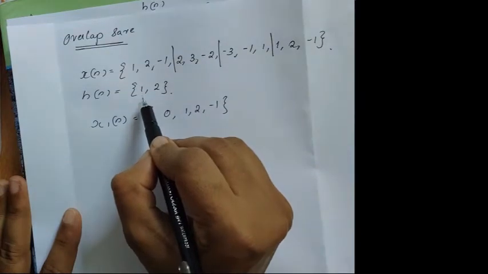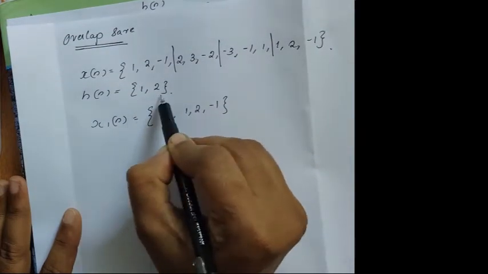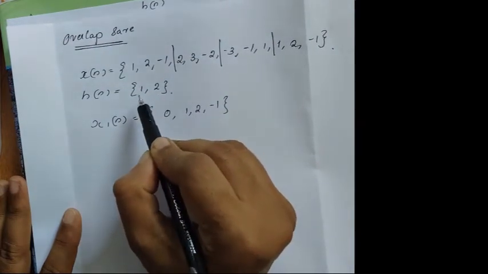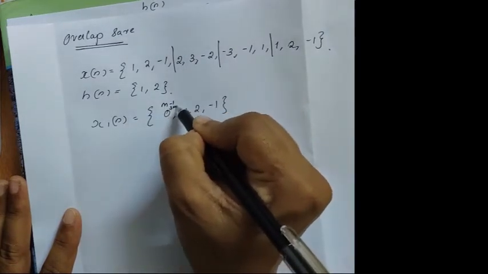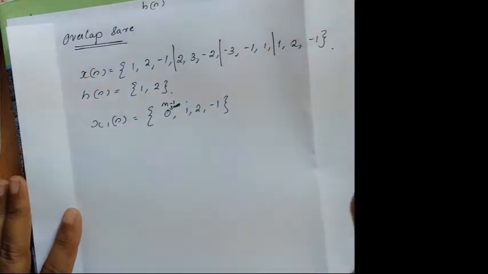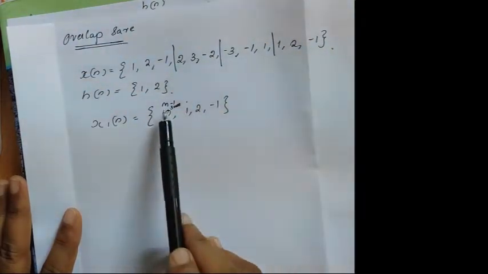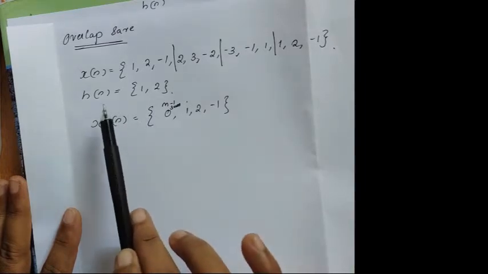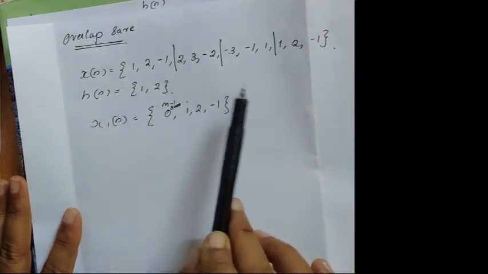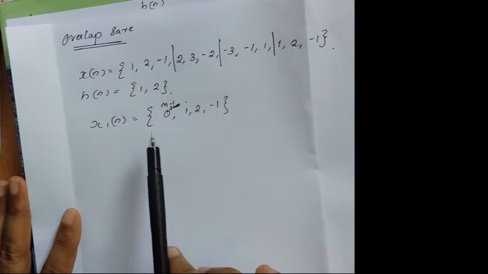M is the length of h of n, which consists of two numbers. So 2 minus 1, 1 zero should be added. Now you can understand: you have to add M minus 1 zeros in the first section. In the add method you did this at the end; now you have to add zeros in the first section.